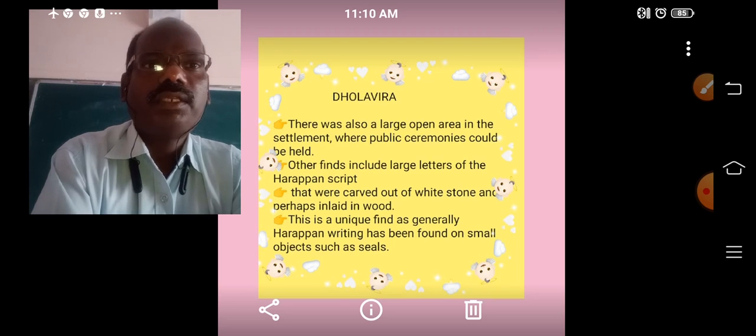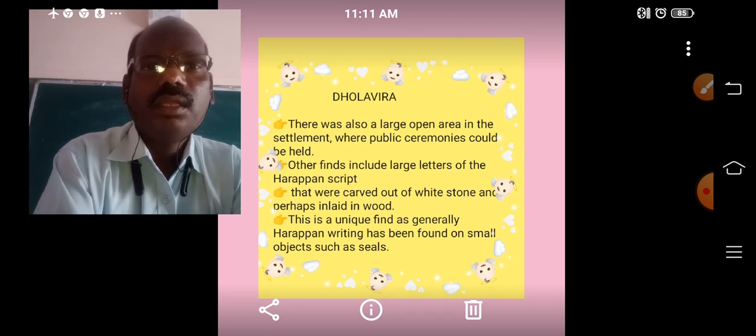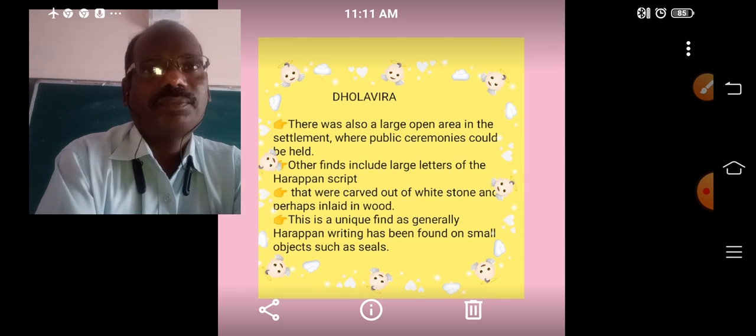Then another finding from this region is the big letters of the Harappan script. From other sites, like Harappa or Mohenjo-daro, they excavated small script, but in Dholavira, they are large letters.